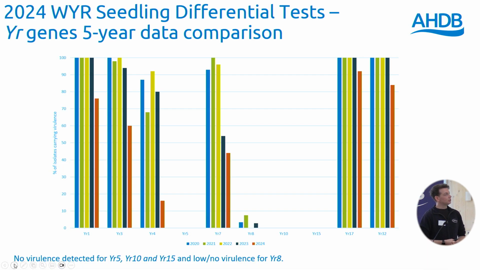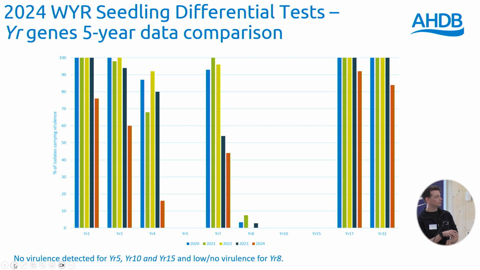This graph shows you a 5-year comparison of the differentials using the yellow rust genes. You can see the percentage of isolates that are carrying virulence to the yellow rust genes here. We didn't detect any virulence for YR5, 10, 15, and there was little to no virulence for YR8 this year.